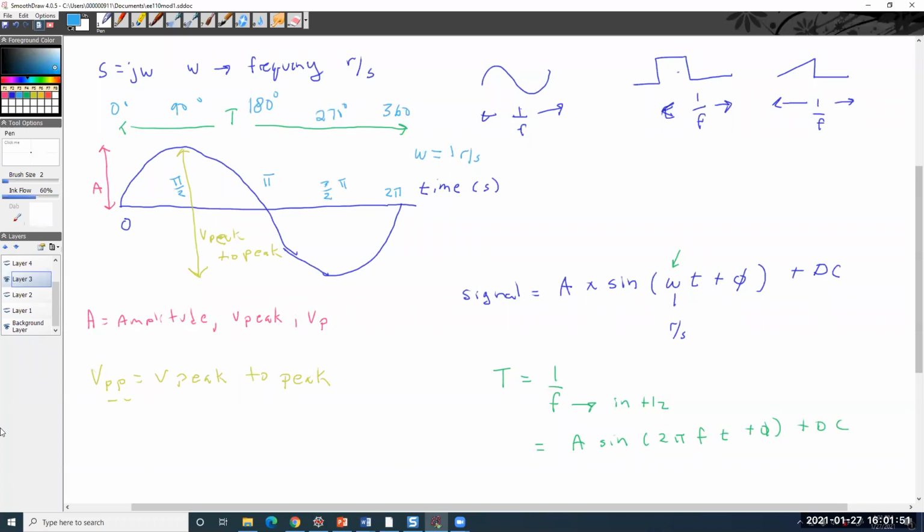And if it was in periods, you'd have T divided by 2, 3/4 T, T divided by 4. So there are all these ways of looking at this.